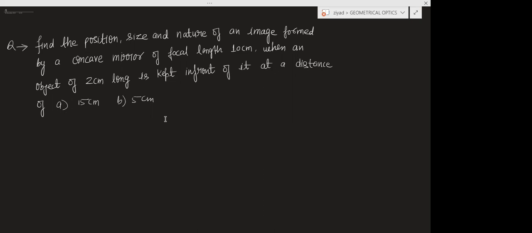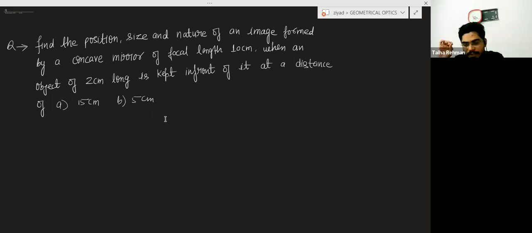So the pole will be here like the origin. Like in coordinate geometry, we have an origin, and all the distances there we take from the origin. You can relate this thing with that. So we will solve this question.